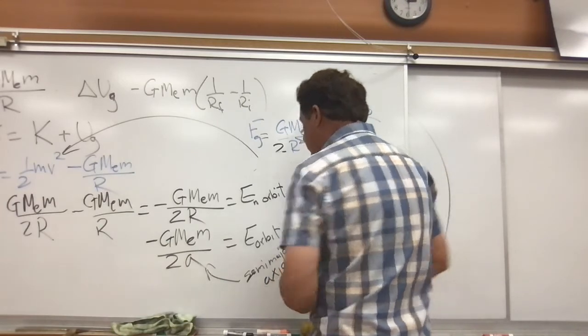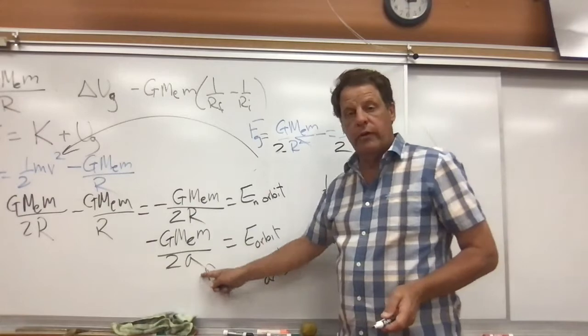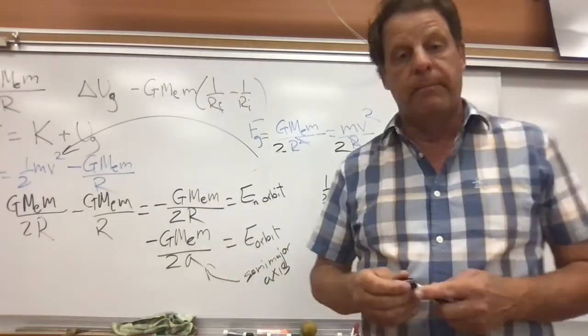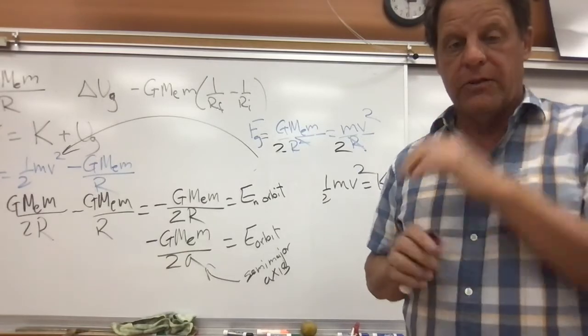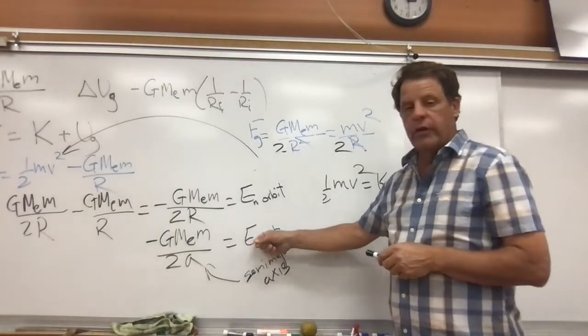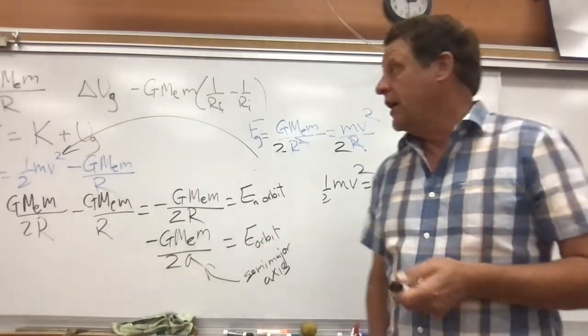Okay, so whether it's radius or semi-major axis, whether it's a circular orbit or an elliptical orbit, it's still going to be the same. All right, so we have another equation for that energy.